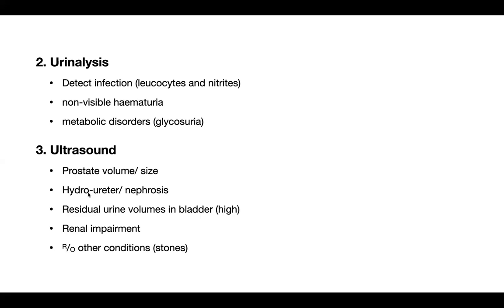And of course, the abdominal ultrasound will be able to detect if there is any hydroureter, if there is a hydronephrosis, and it will help in determining the residual urine volumes in the bladder. So in this particular case, usually sonographic studies of the bladder are better when the bladder is full.